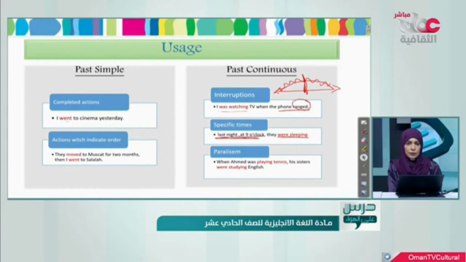Ahmed took a duration or a time limit for his work, and his sisters too. The two actions happen at the same time. This is Ahmed playing tennis, and here his sisters were studying. So this is called parallelism.